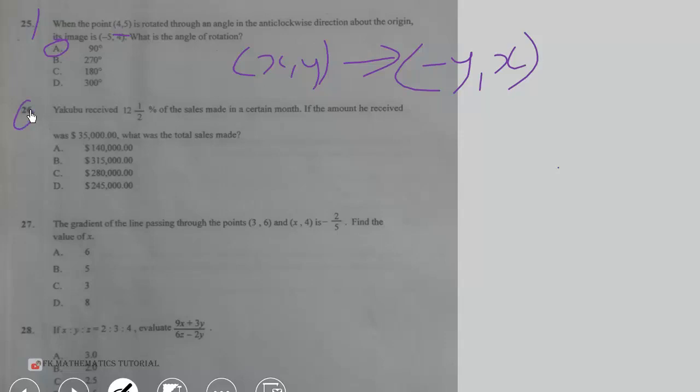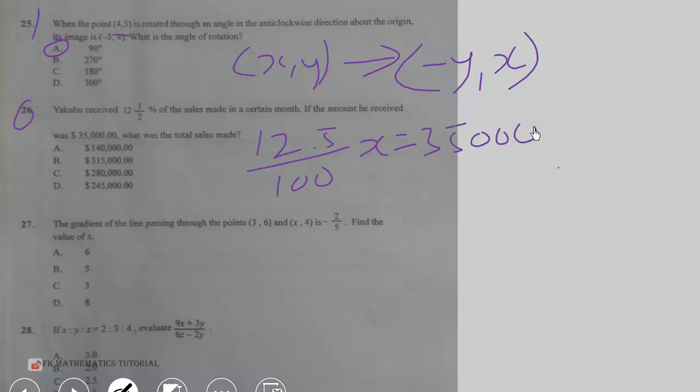Question number 26. Yakubu receives 12.5% of the sales made in a certain month. If the amount he received was 35,000, what was the total sales made? So 12.5 over 100 of x is equal to 35,000.